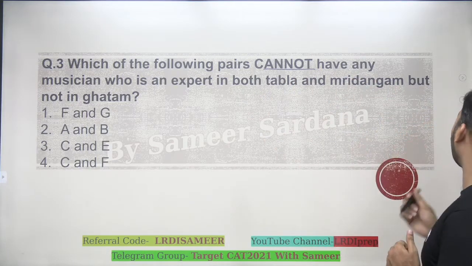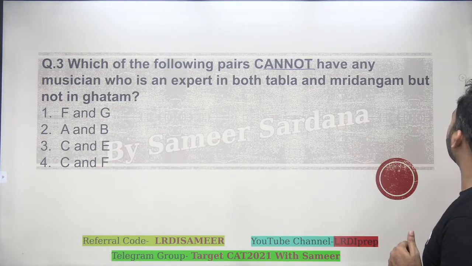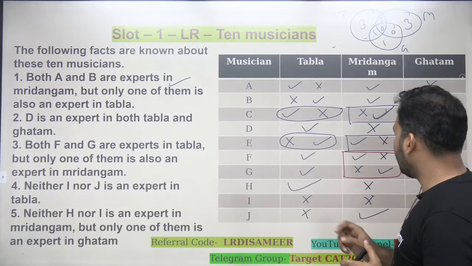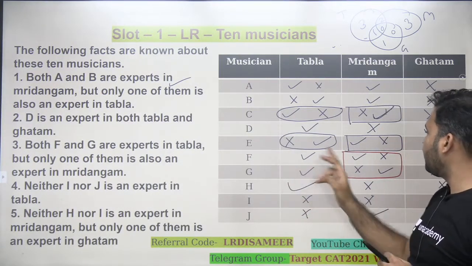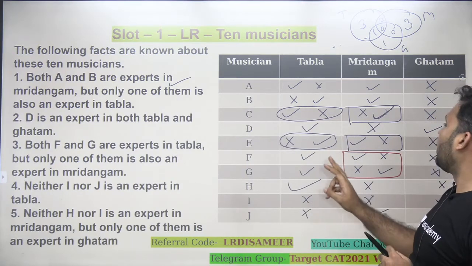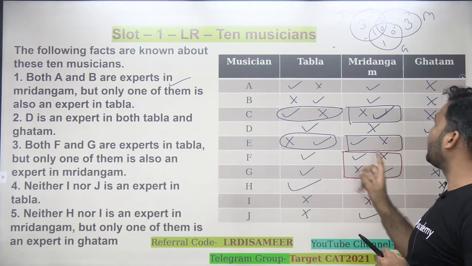Okay, if you look at F and G, we know that between F and G there is definitely one person who is playing tabla only, or there is one person who is playing tabla and mridangam only.